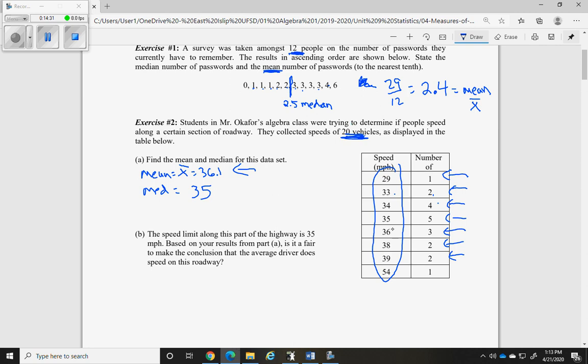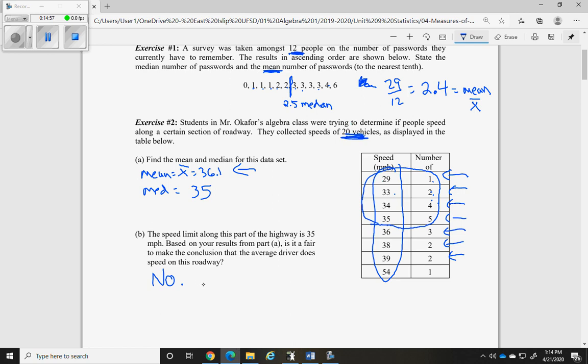We could even see that really all of these people go the speed limit or less. 9, 10, 11, 12 out of 20 people don't speed. So I wouldn't say that it's fair to say that the average driver speeds. Actually, no. The average driver doesn't speed.